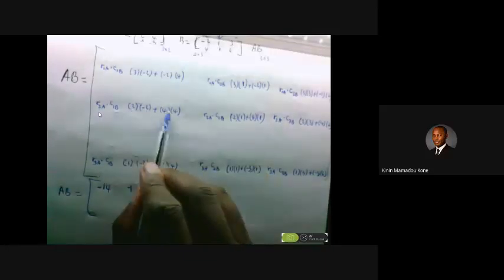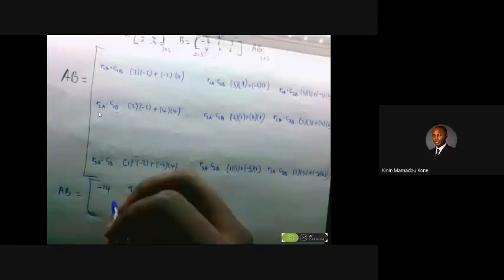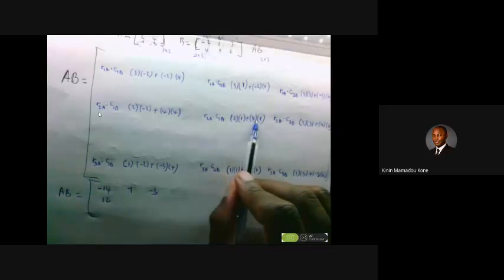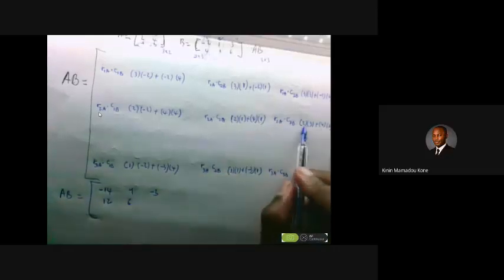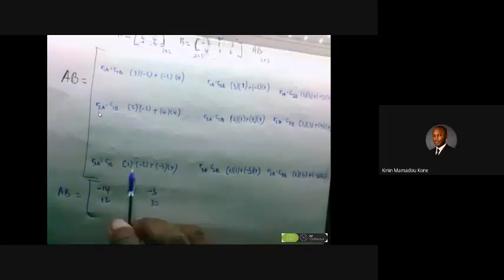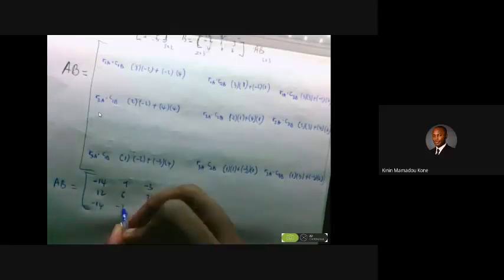Negative 4, 8, 16, 12. Here, 6, 24, 30. Negative 2, negative 12, negative 14. Here it's 1, negative 3. Negative 3 plus 1 is negative 2. 3 minus 18 is negative 15.